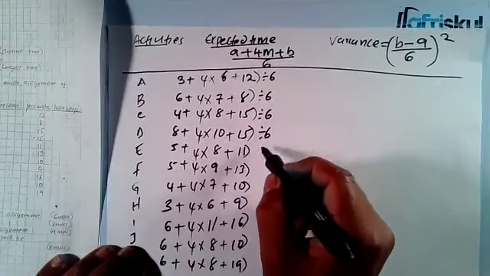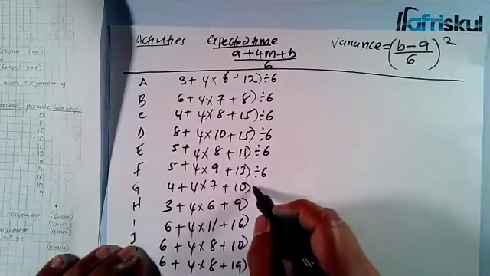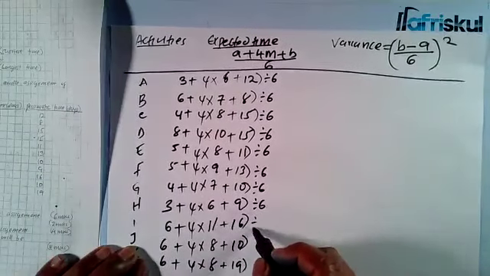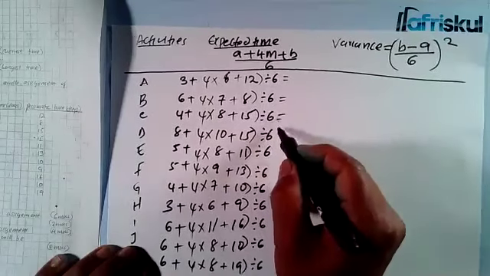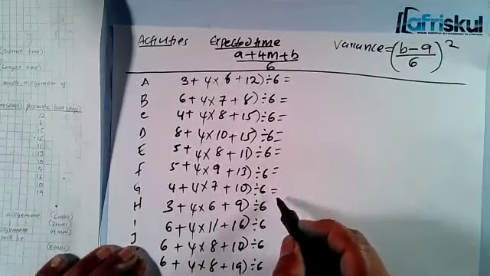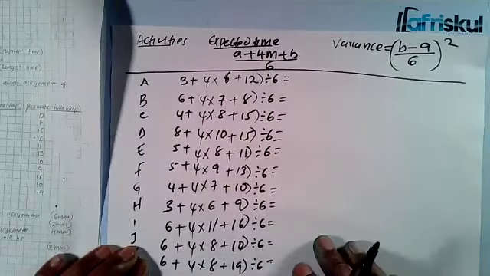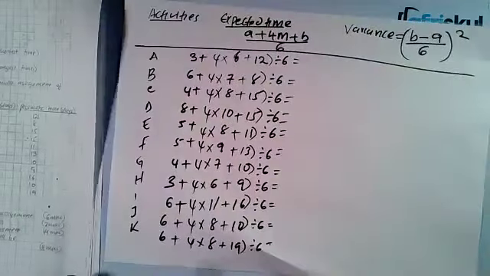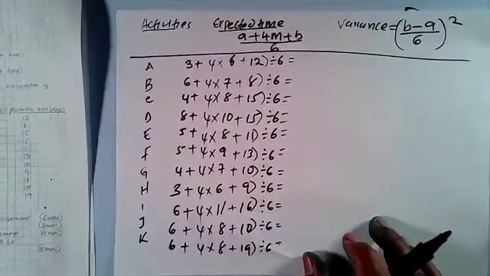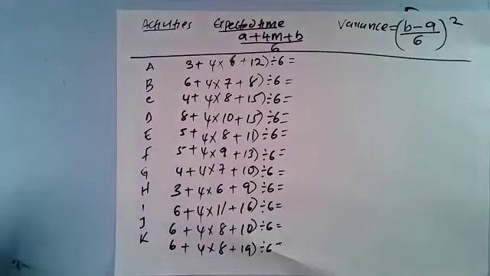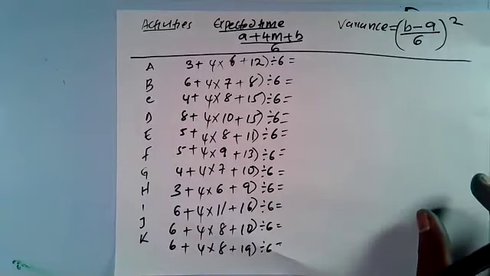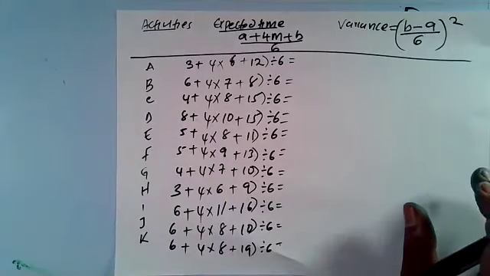So compute the first one. I want the answer for the first one, and apply the rule of BODMAS. So give me the answer, the expected time for activity A. Yeah, it's 6.5, correct?